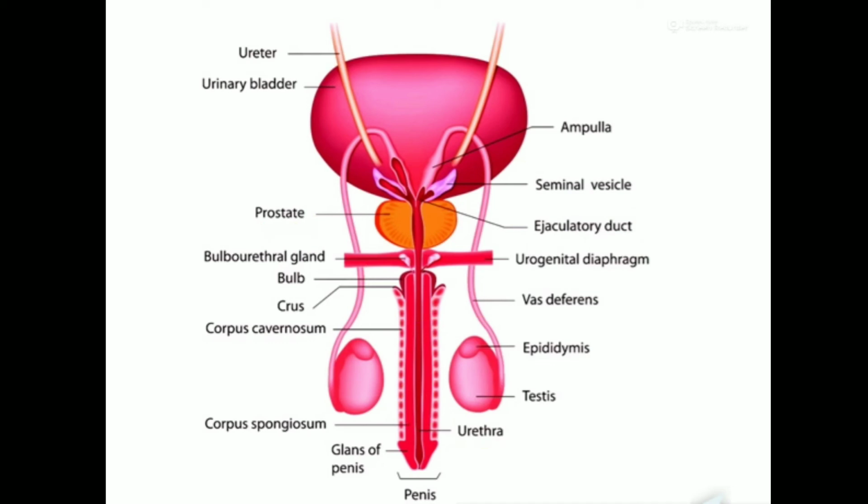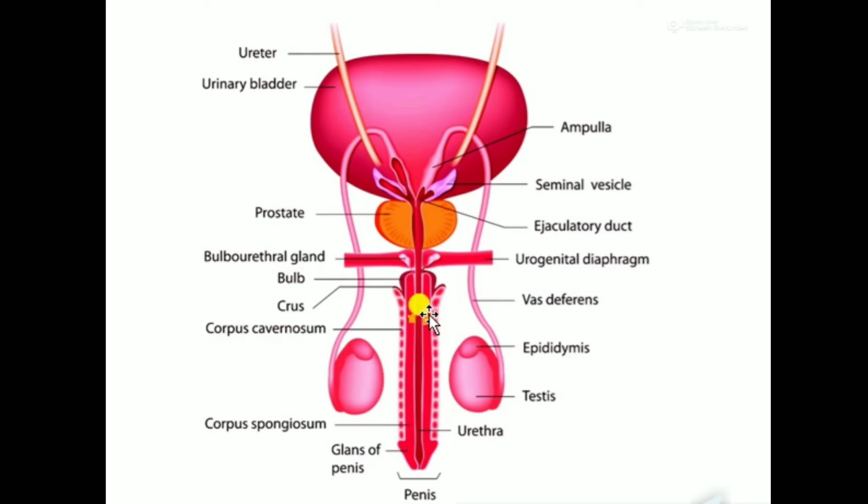When we consider some glands, there are some glands also present, which are known as Cowper's gland. Cowper's gland is present at the top portion of the penis. If you see the structure, here the Cowper's glands are present.